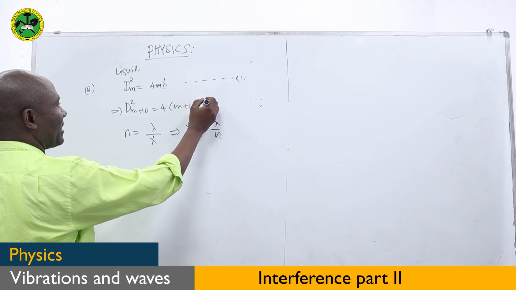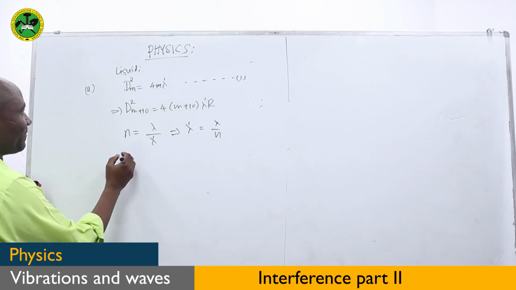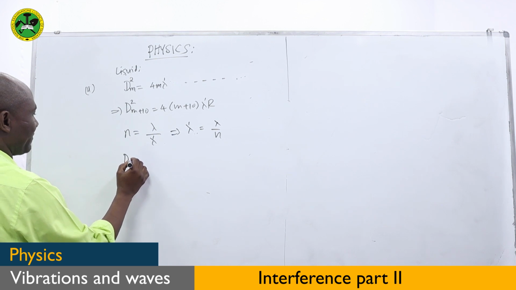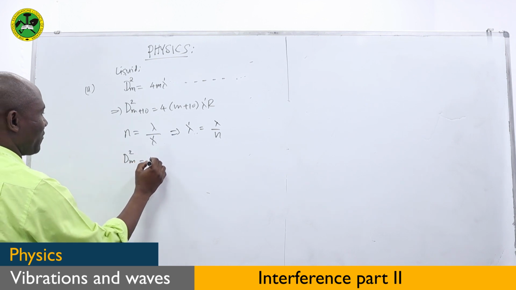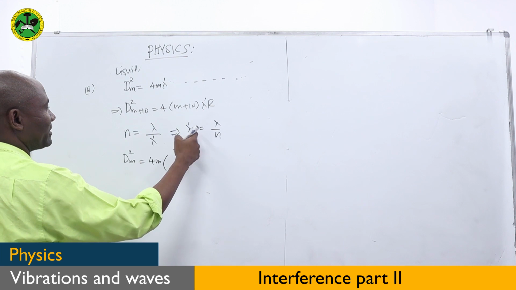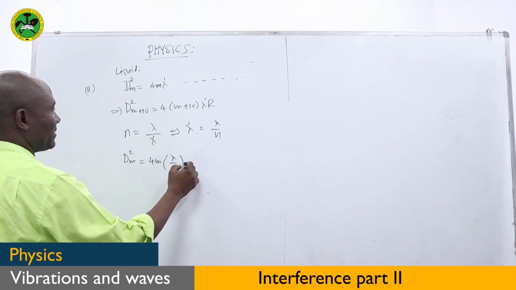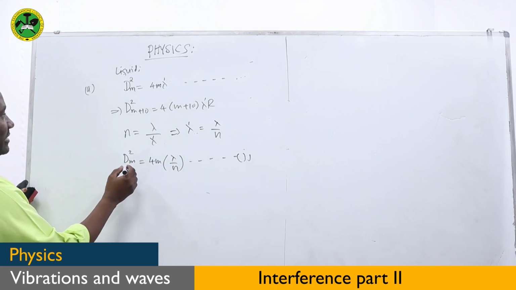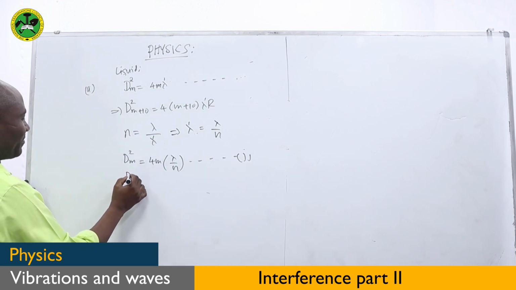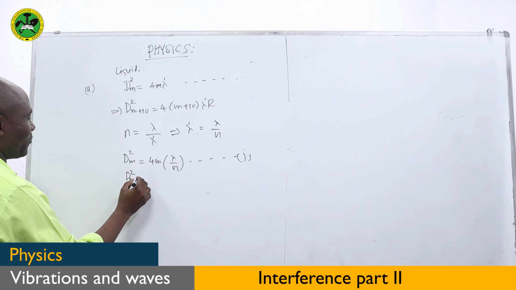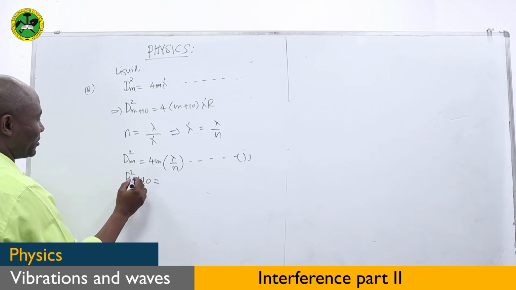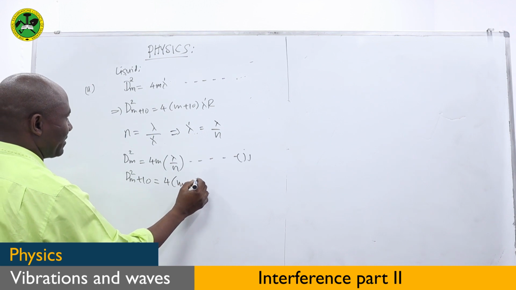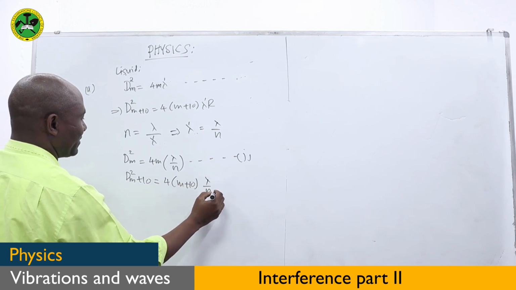Let's call the wavelength in that liquid λ dash. So the first equation will be D(m) squared equals 4m times, what is λ dash? It's λ over n. That's equation number 1. And then for order m plus 10, D(m+10) squared equals 4(m+10) times λ over n.